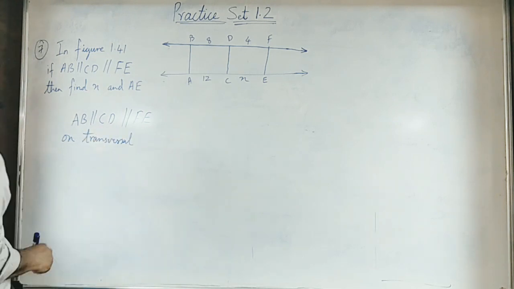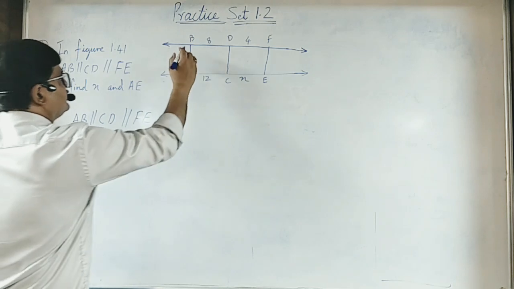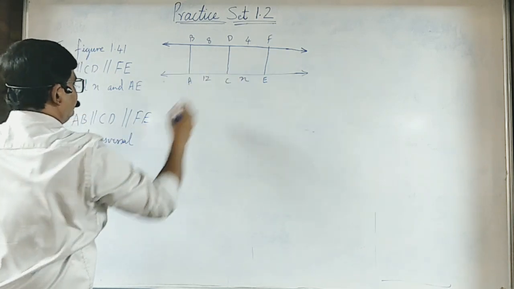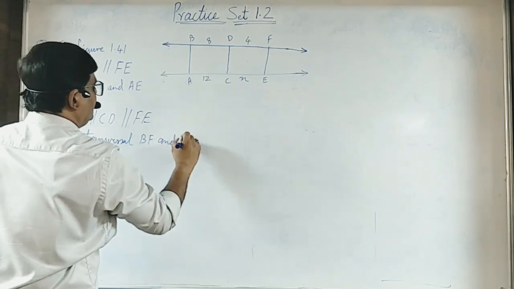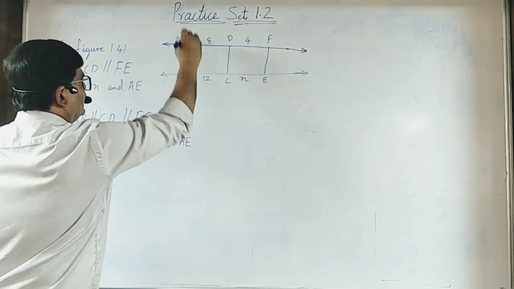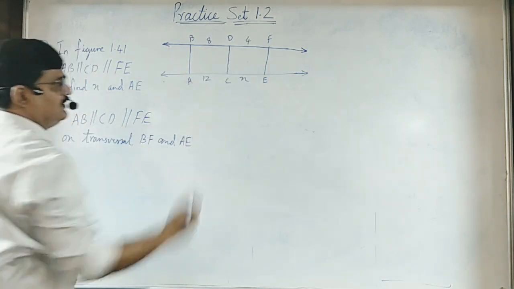Now here, if we check this out, there are two transversals: BF and AE. BA, DC and FE are parallel, and this is acting as a transversal.